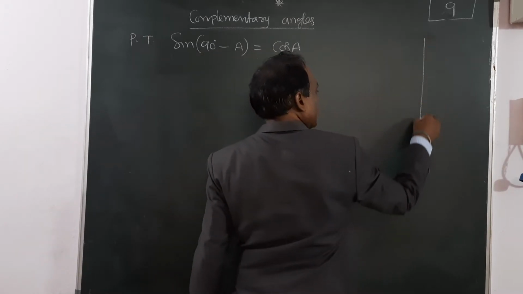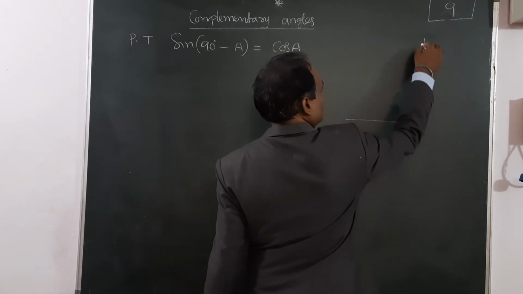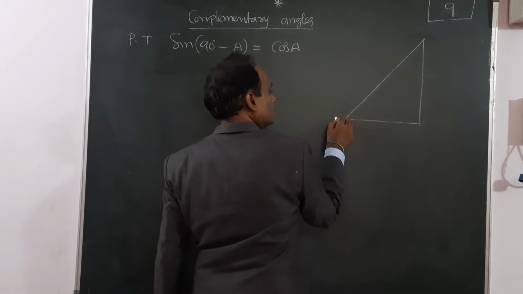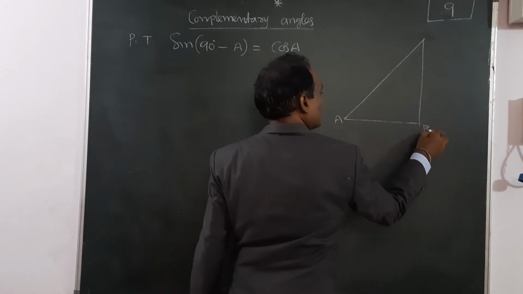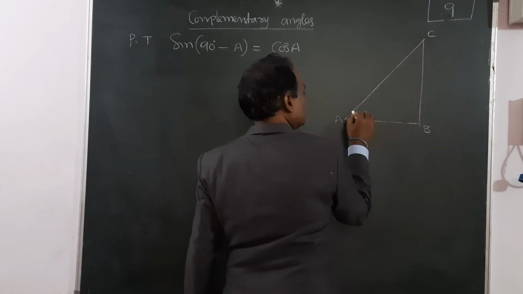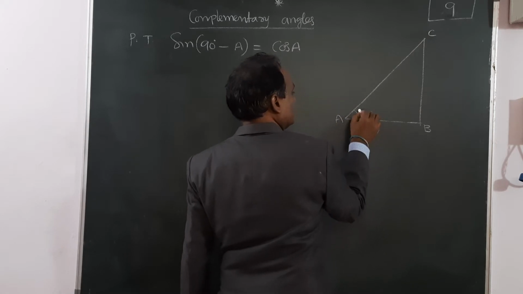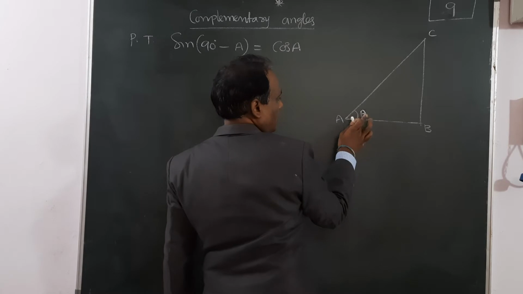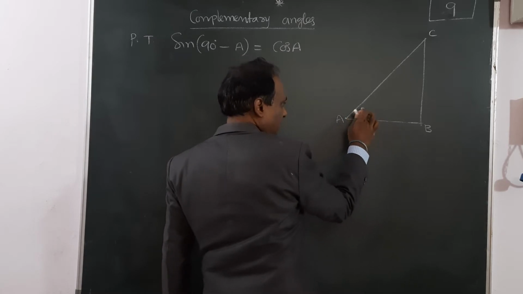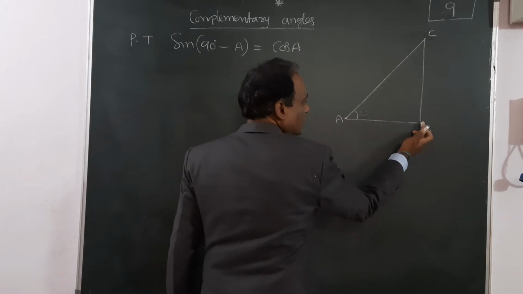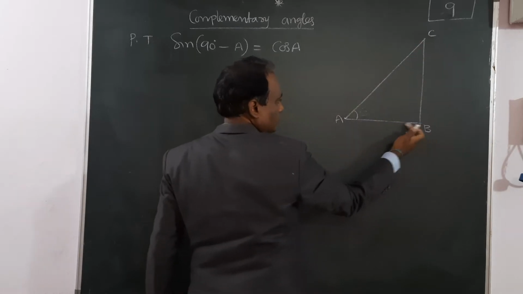So take a right angle triangle. This is angle A, also called angle BAC.